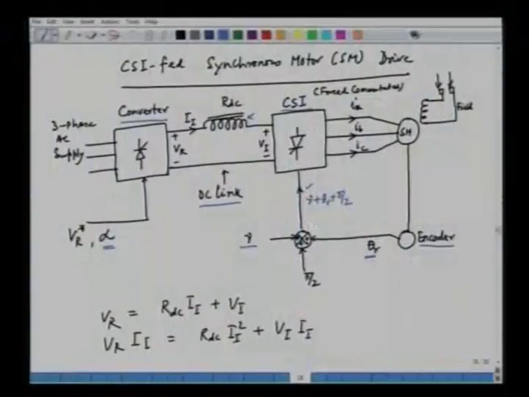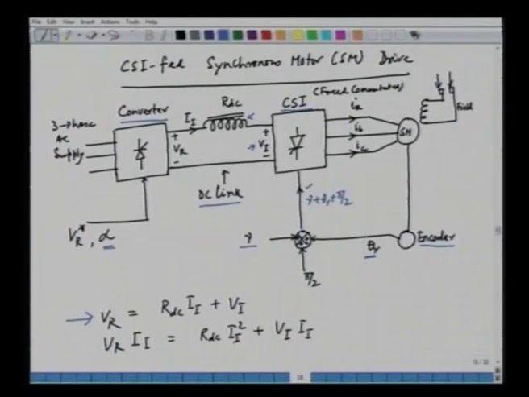Now let us see that in this DC link we can apply Kirchhoff's voltage law, that is VR is equal to RDC into II plus VI, where VI is the inverter input voltage. If we multiply both sides by II, we can say that VR into II is equal to RDC into II square, which represents the loss in the DC link.